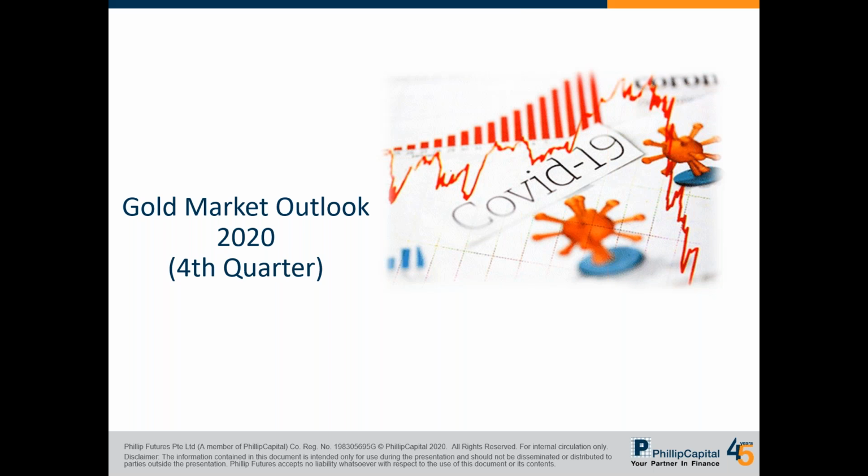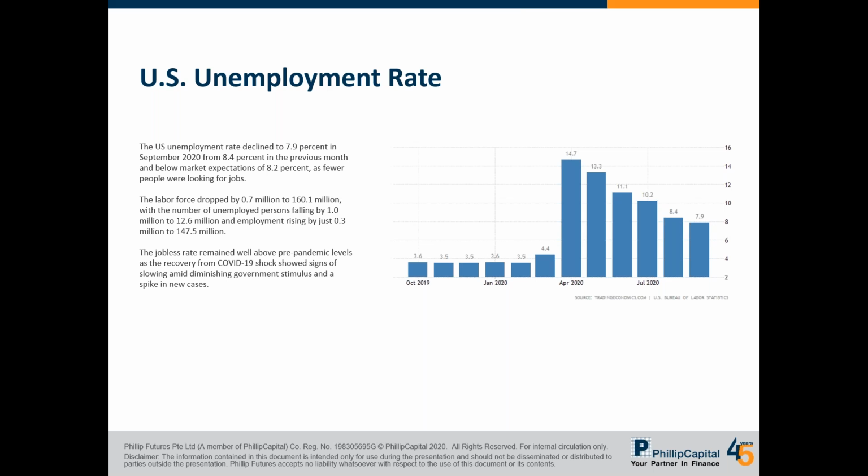All right, before we start any analysis on the markets, first we need to know about the unemployment rate. You can see here, this is quite an alarming figure. The US unemployment rate skyrocketed as a consequence of the COVID-19 lockdown, right?